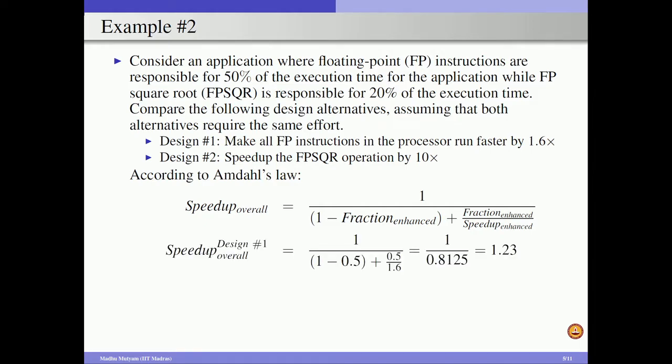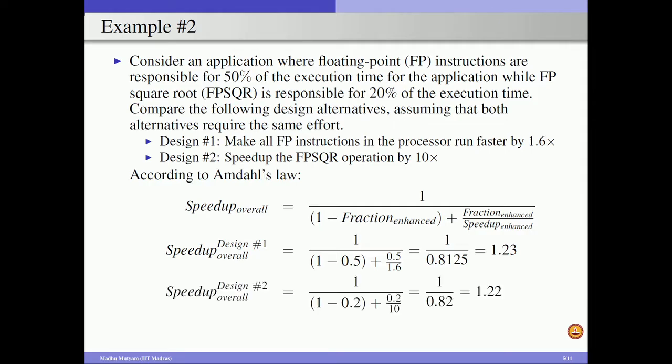For design 1, where we make all floating point operations execute faster by 1.6 times, we know that floating point operations constitute 50% of the execution time. So effectively 1 by 1 minus 0.5 plus 0.5 by 1.6 is equal to 1.23. Overall speedup we achieve with design 1 is 1.23 with respect to the base processor.